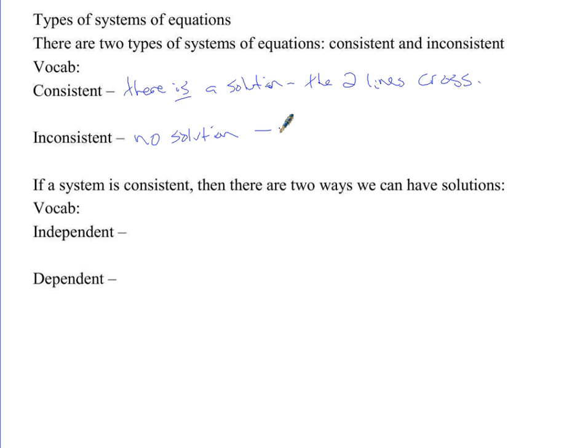How could that be? The lines don't cross. What kind of lines do we know of that don't cross? Yeah, they're parallel lines. So the two lines don't cross. And in parentheses, I'm going to say because they're parallel.